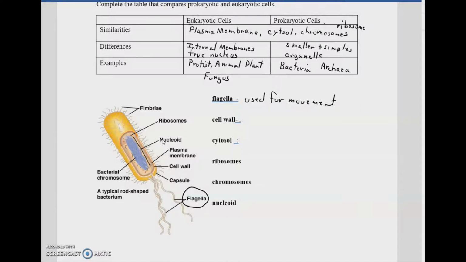Bacteria have a cell wall, which is a rigid structure, and it maintains shape. It has cytosol, which is a thick fluid inside.